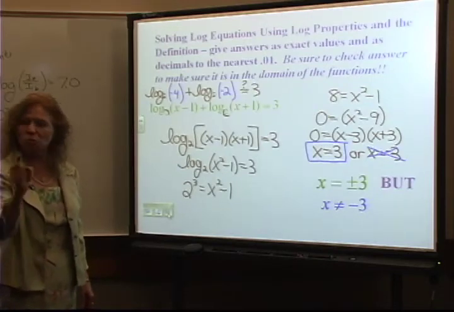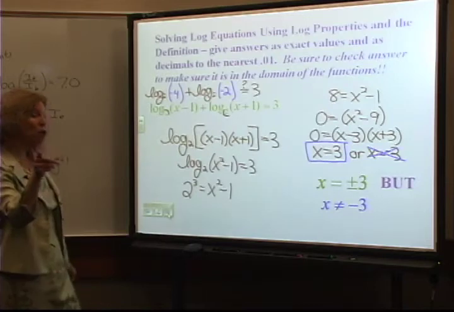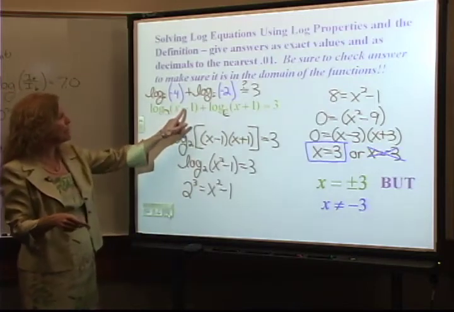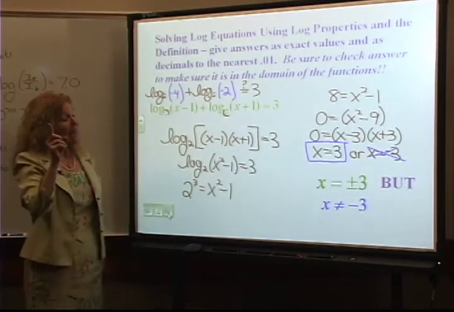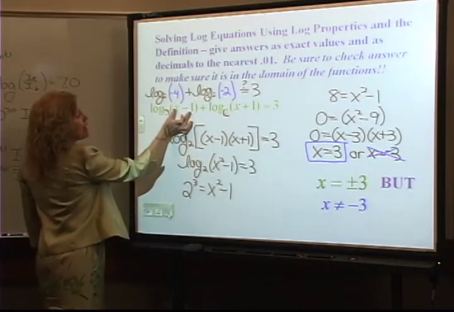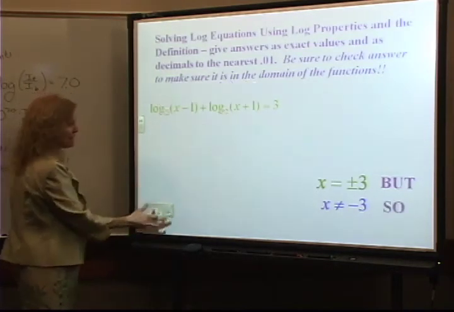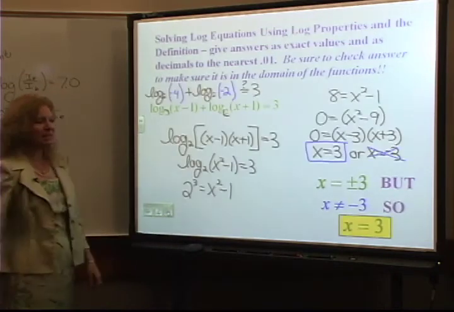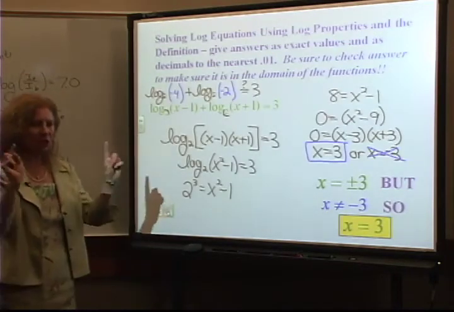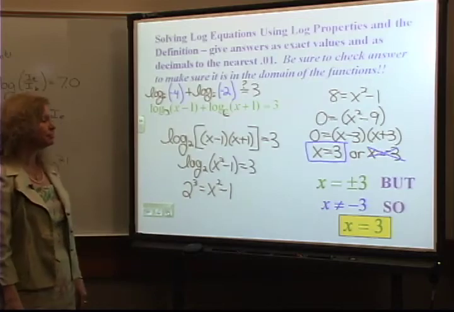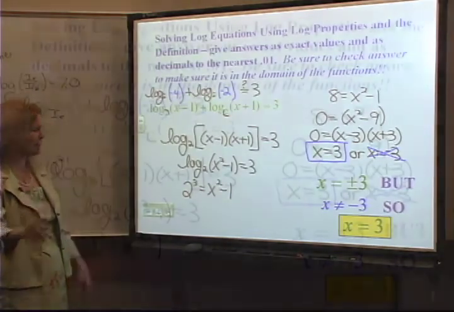No, you do not. What you do is you check them back into the original. And if it would make your input negative, that's what makes you reject it. And so we take simply X is 3. Okay? Just don't want you to be sloppy.